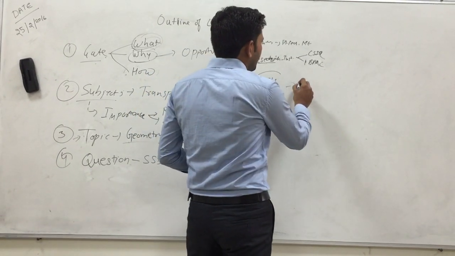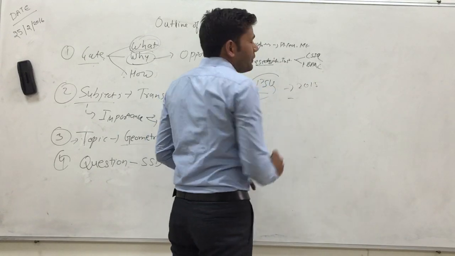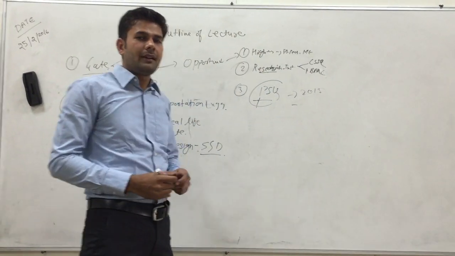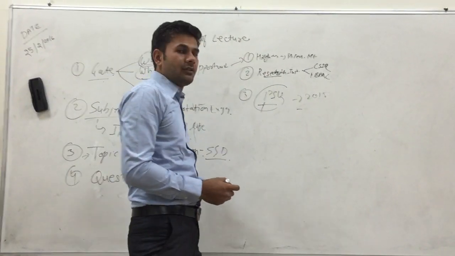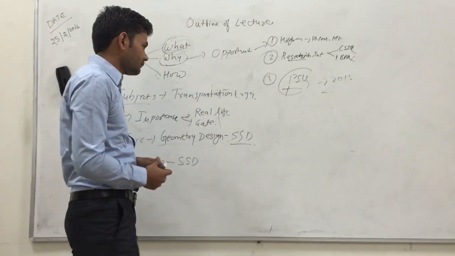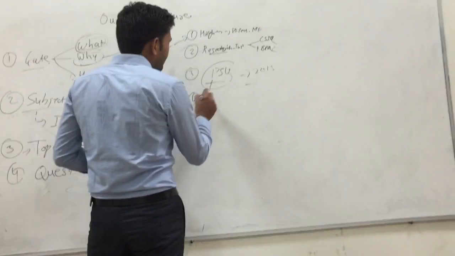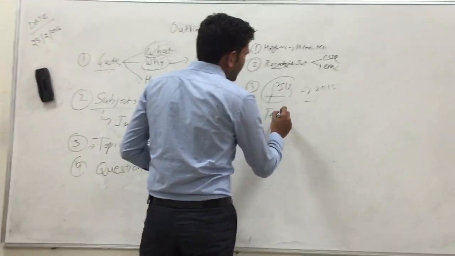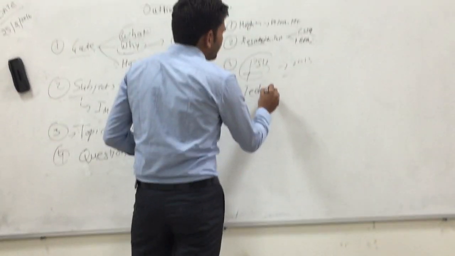As in 2015, 15 PSUs signed an MOU with IIT Kanpur that they will recruit students as per the GATE score. Fourth, there is teaching. You can make your career in the teaching field.